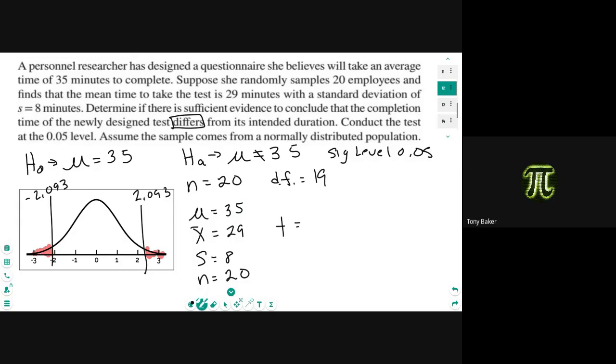So what did we get for our T? Negative 3.35. So we're down here. So we reject.